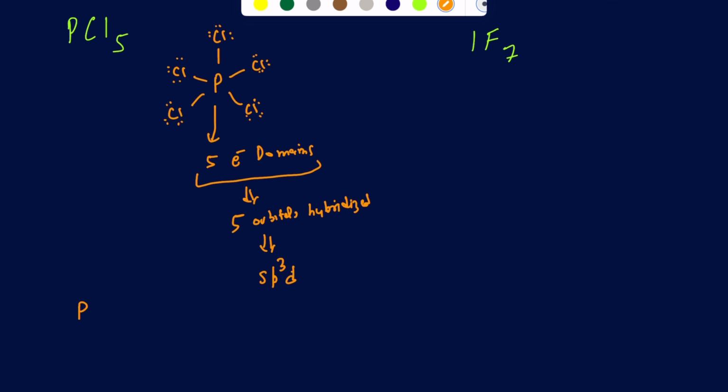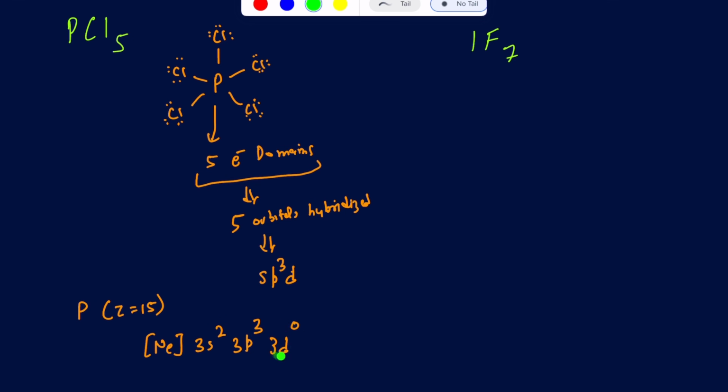Phosphorus has an atomic number of 15, which means its valence shell electronic configuration, after neon, would be 3s2, 3p3. So I have 2 electrons in 3s and 3 electrons in the 3p, but we don't really write it down, but remember, there is a 3d subshell that actually exists that does not have any electrons.